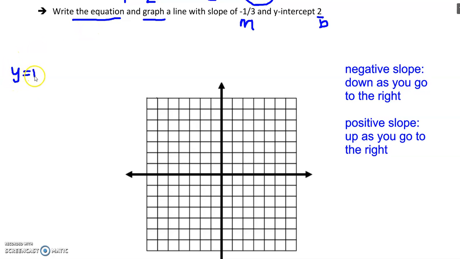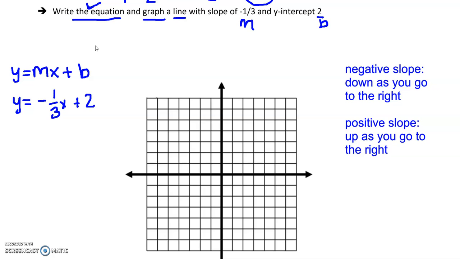We know the formula for a linear equation is y equals mx plus b. This tells us it's linear because it says the line. So to write the equation, we just replace the m with -1/3 and the b with 2, and we're done. So if this problem had only asked us to write the equation, that's it. We're done. But we are asked to graph as well.